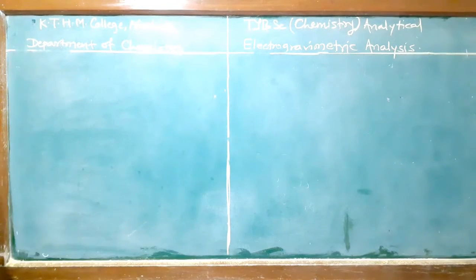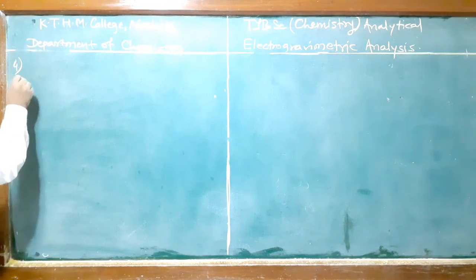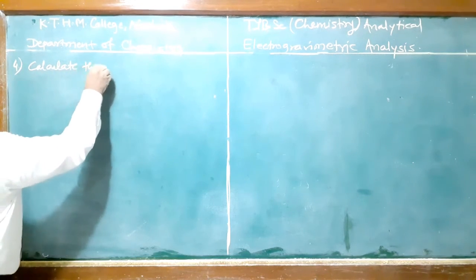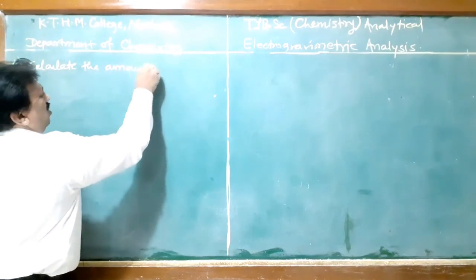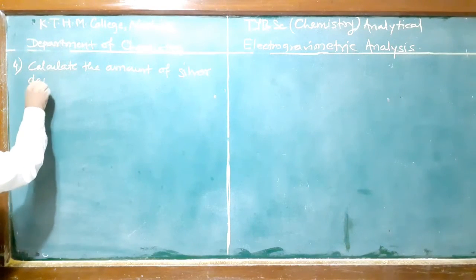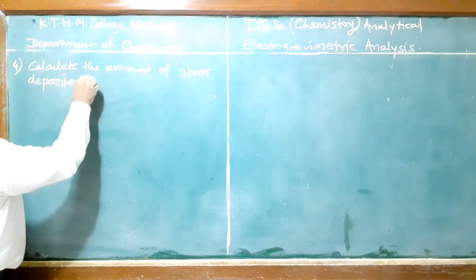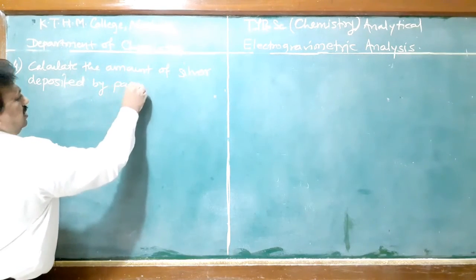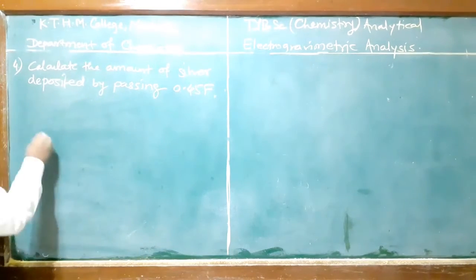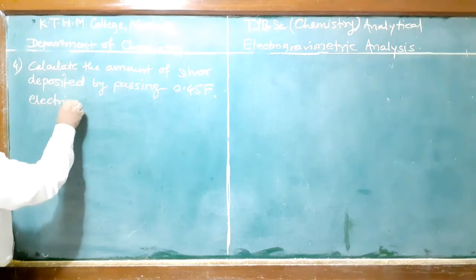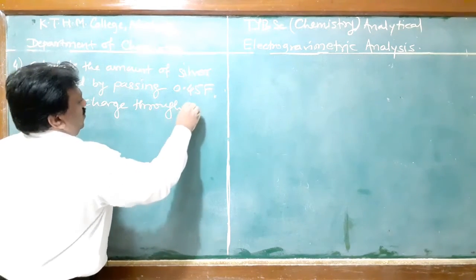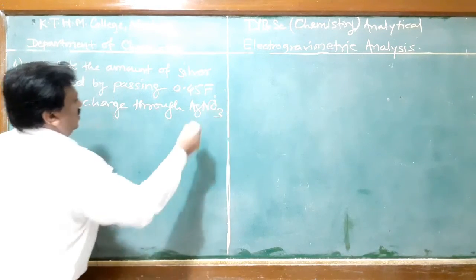And number 4, problem number 4, calculate the amount of silver deposited by passing 0.45 Faraday electric charge through silver nitrate solution.